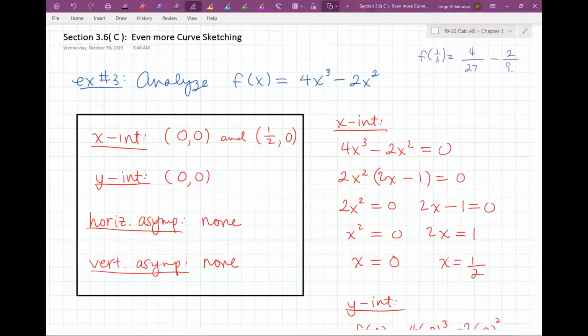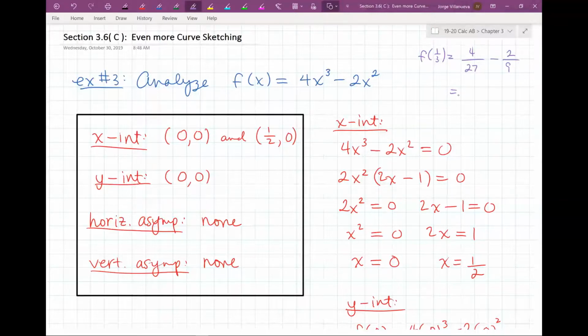4 over 27 minus 2 over 9. What do you get? Either give me a decimal. That would probably help me more. What's 4 over 27 minus 2 over 9? Somebody's got to have it.